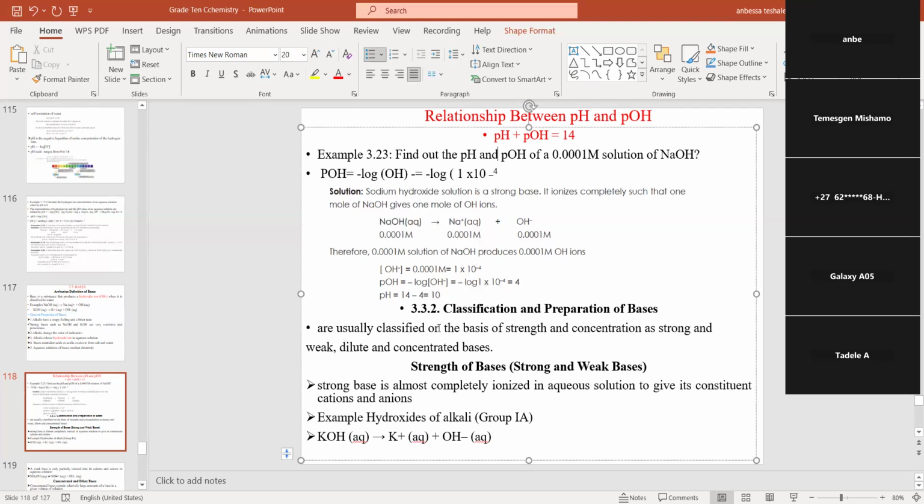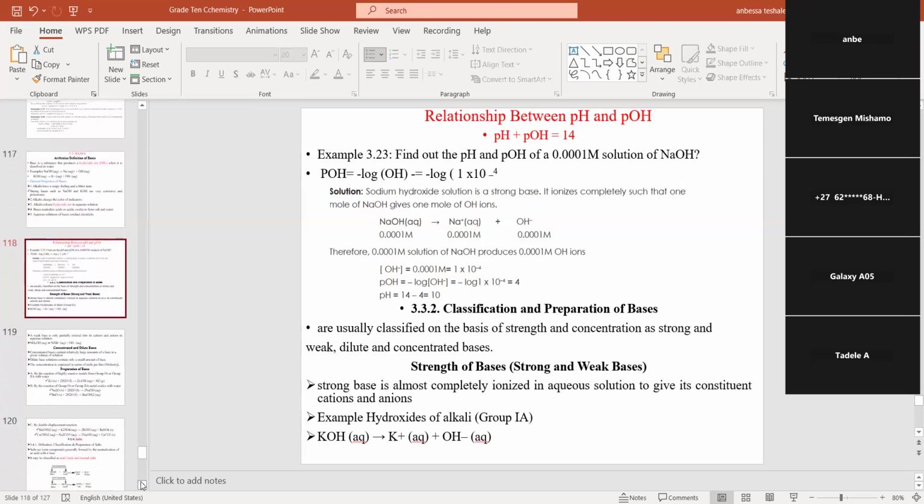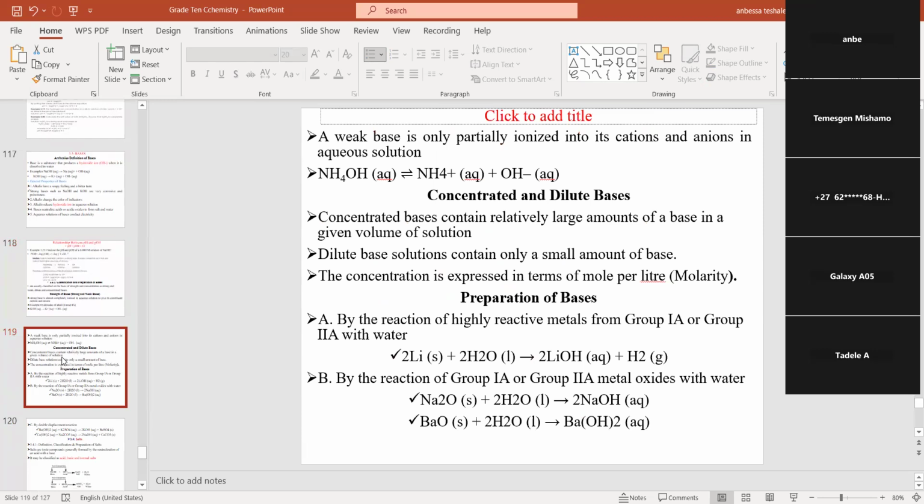If the given substance is partially dissociated in aqueous solution and results in hydroxide ion, that substance is a weak base. For a weak base we use a double arrow. For a strong base we use a single arrow, like that of the acid.